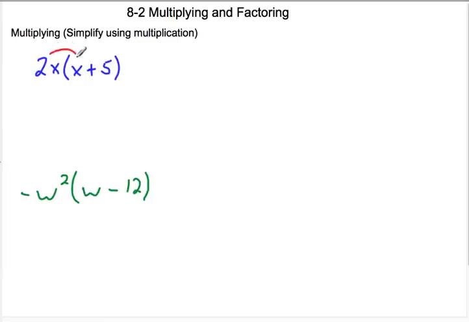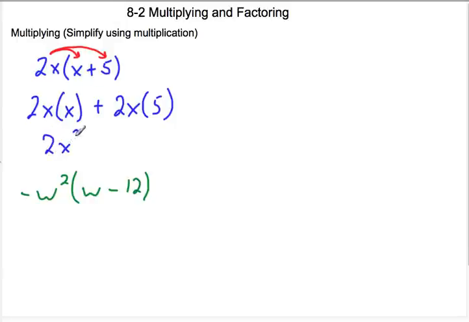So this 2x has to be multiplied to the x, so it's going to be 2x times x, and then the 2x is also going to be multiplied to the 5, so 2x times 5, and there's no negative values or subtraction signs, so this is going to be addition. So 2x times x is 2x squared, and then plus 2x times 5 is just 10x.